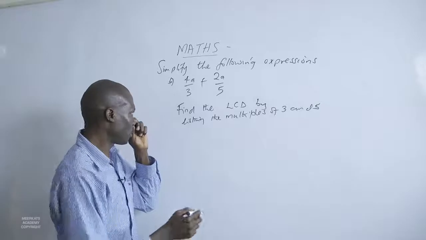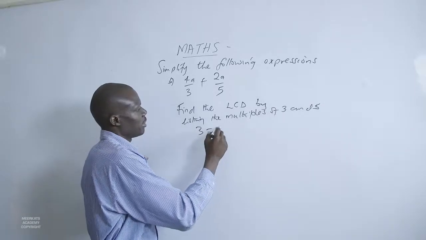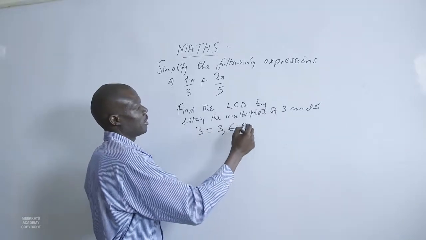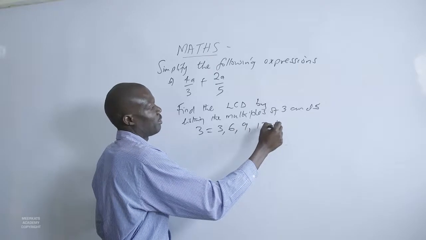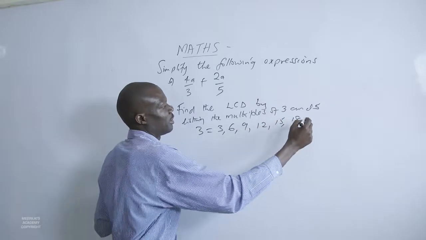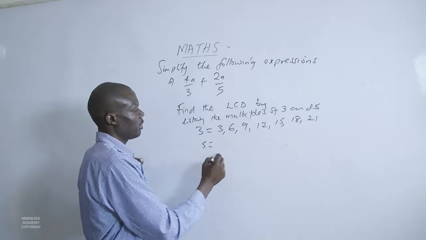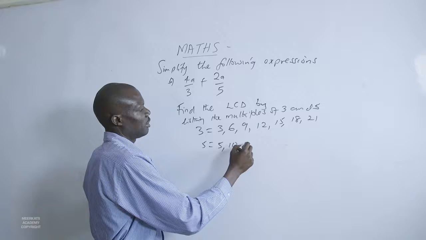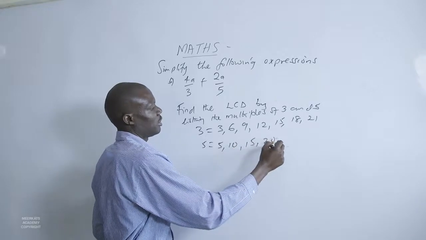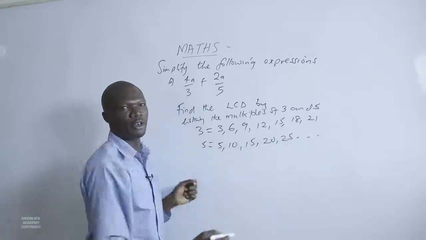Let us list the multiples of 3. It is 3, 6, 9, 12, 15, 18, 21, and so on. Multiples of 5 are 5, 10, 15, 20, 25, and so on.